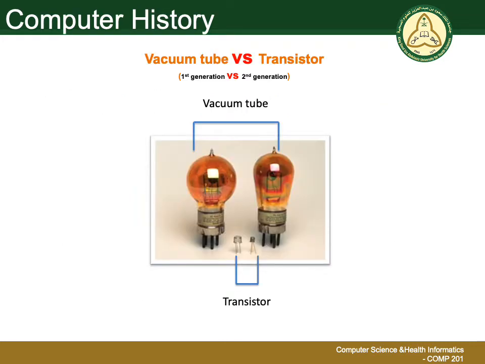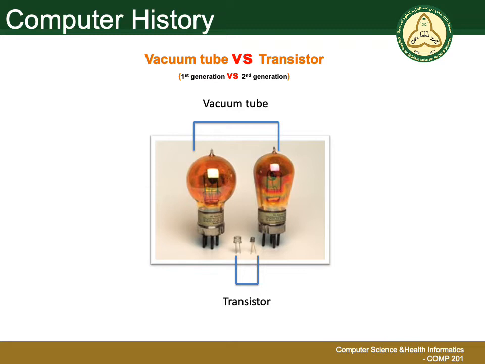This is a comparison between the vacuum tube and the transistor. Maybe until now you have seen the small transistor between the two vacuum tubes. We have two types, the old vacuum tubes of the first generation, and then we have a transistor as you can see at the bottom of the picture.